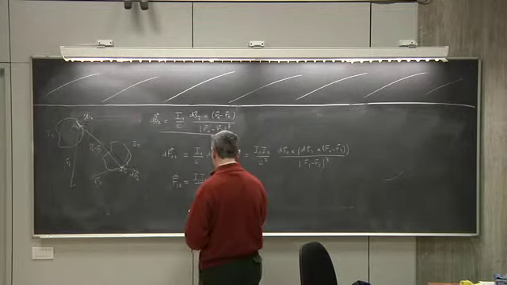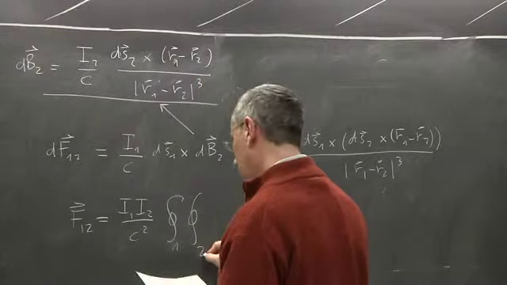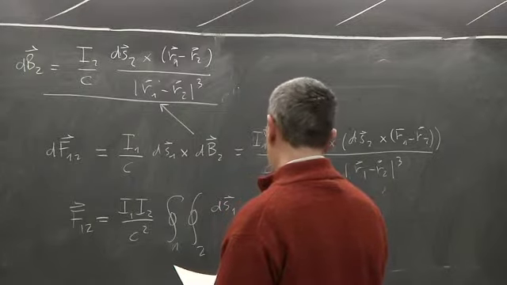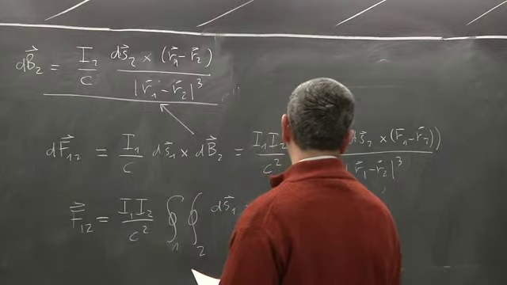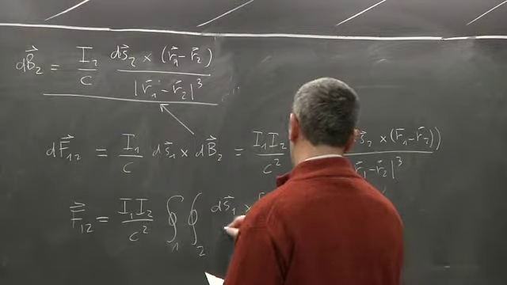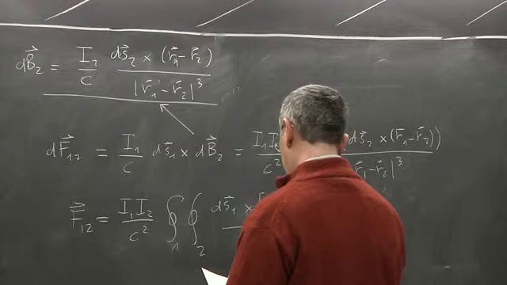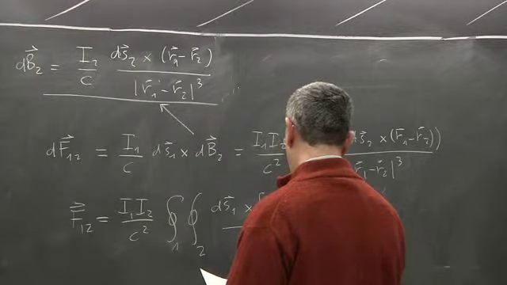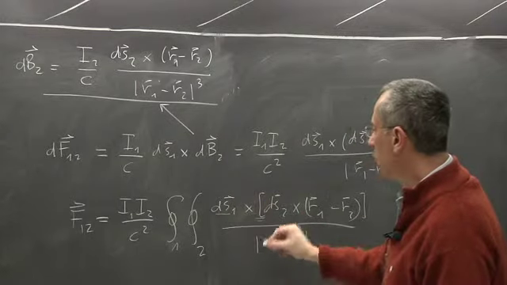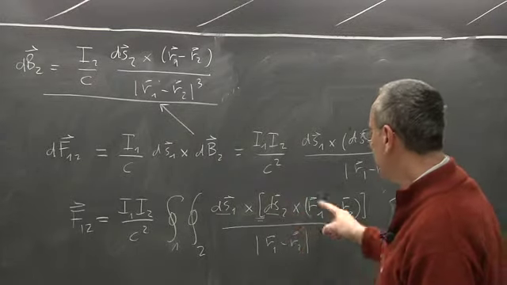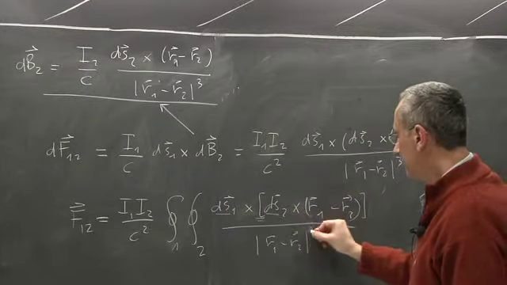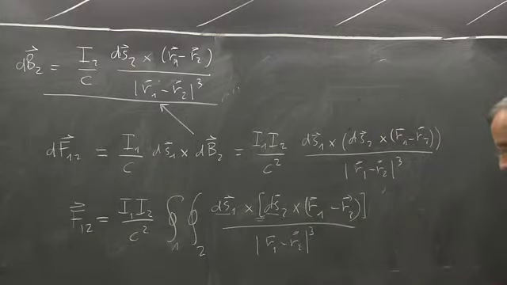So I integrate over loop 1, I integrate over loop 2, this factor here, ds1 cross ds2 cross r1 minus r2, and everything is divided by the cube of r1 minus r2. So you go around loop 1, you go around loop 2, you integrate this factor 1 over r squared, and you get the net force.